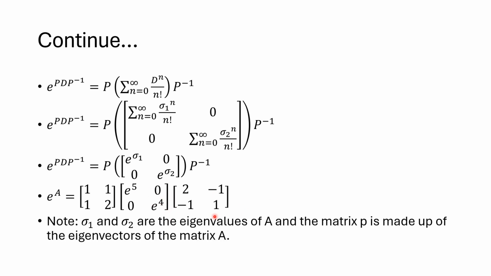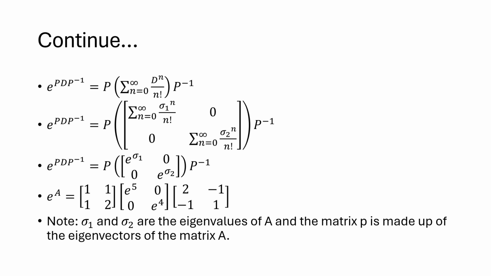Just as a reminder, the eigenvalues are sigma 1 and sigma 2, and the matrix P is made up of the eigenvectors. This column contains the first eigenvector, with 5 being the corresponding eigenvalue, and this is the second eigenvector with the corresponding eigenvalue 4.